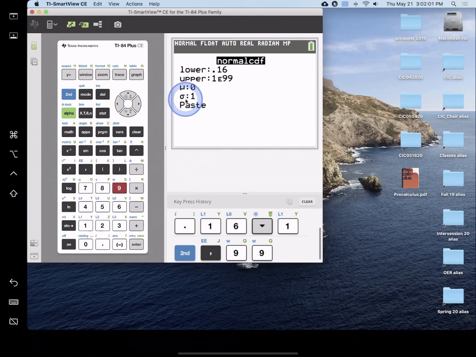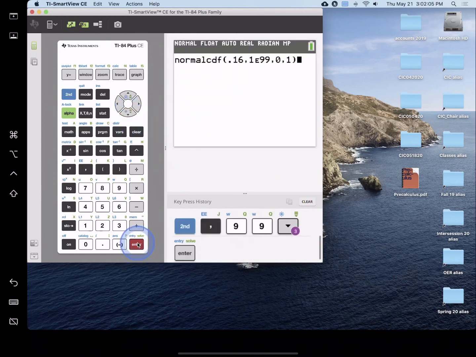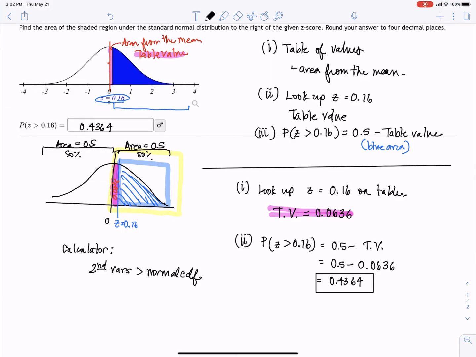Keep the mean and standard deviation at 0 and 1, and go ahead and hit paste, and then enter one more time. And notice we get the same exact result as we did from the table, 0.4364. So you can use the table of values and subtract from 1/2, or you can use the calculator. It's really up to you and the student and what you prefer. However, either way will work.